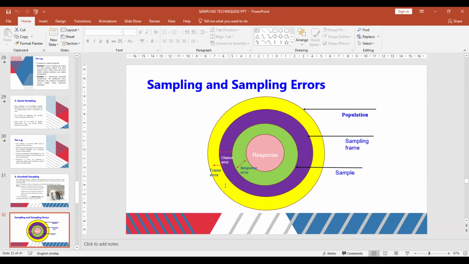You should be very careful when you choose the sampling technique. Sampling error, if it arises: frame error, chance error, depends on your sampling.